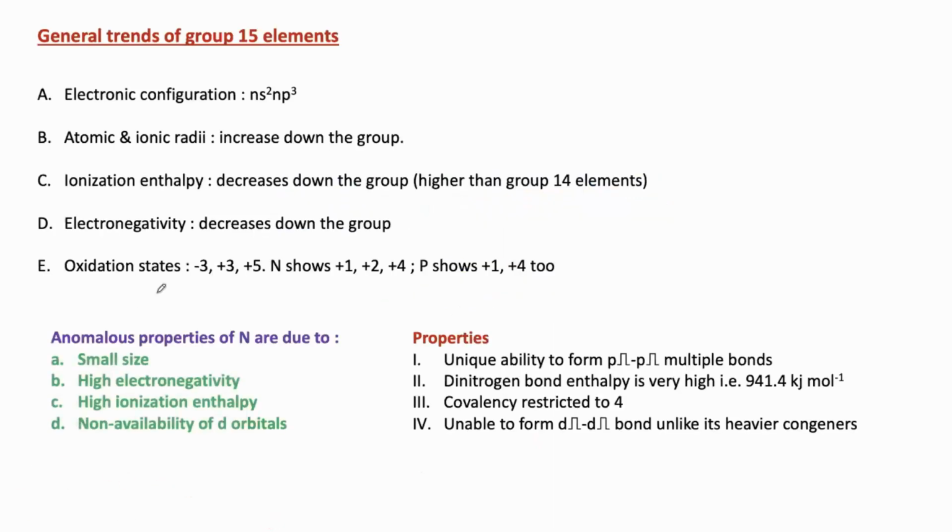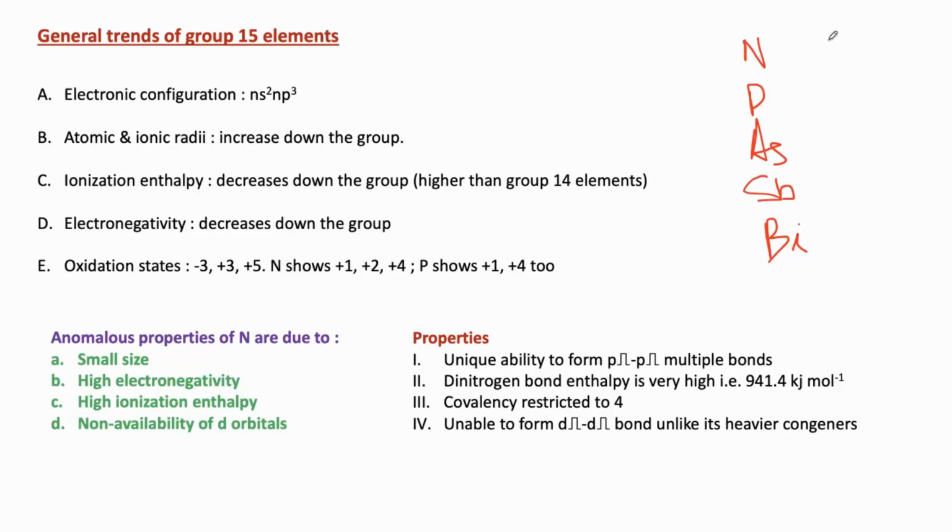So this is the general trend of the group 15 elements. The group 15 elements start from nitrogen, then phosphorus, then arsenic, then antimony, and lastly bismuth.